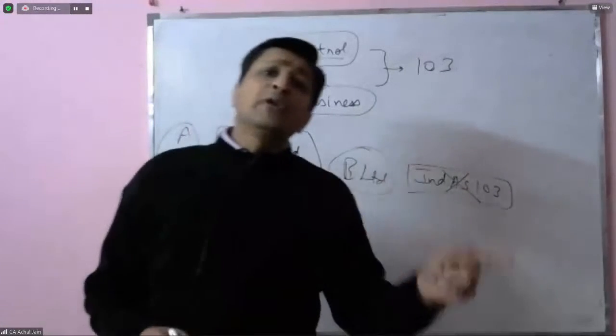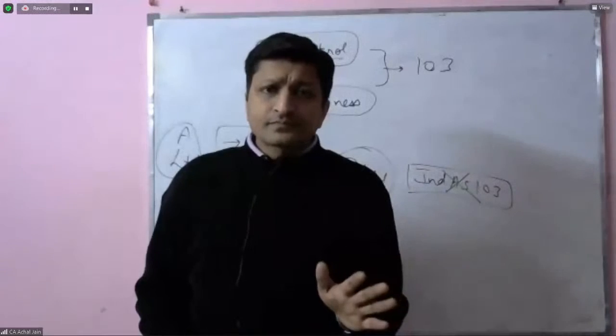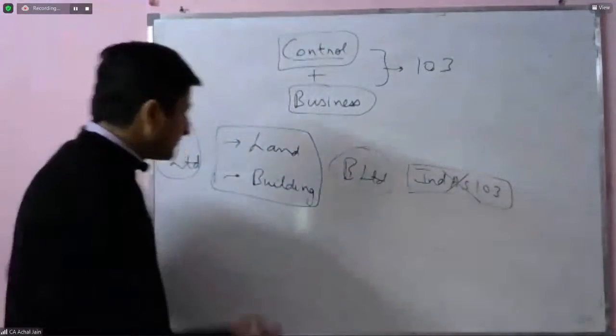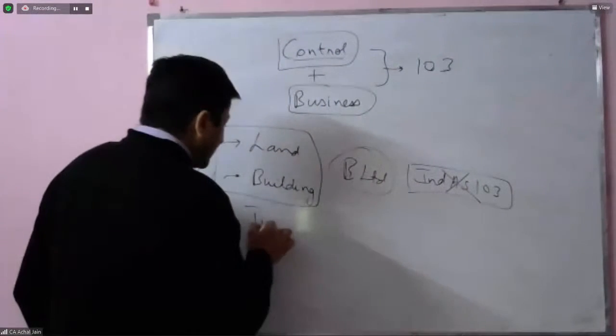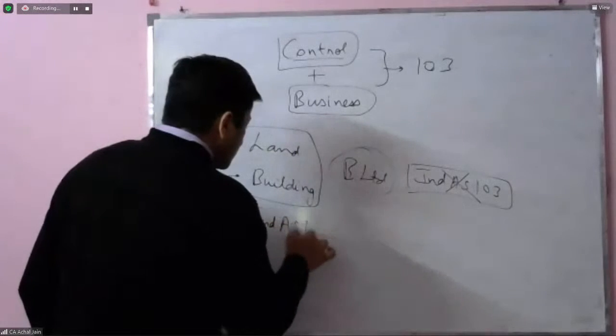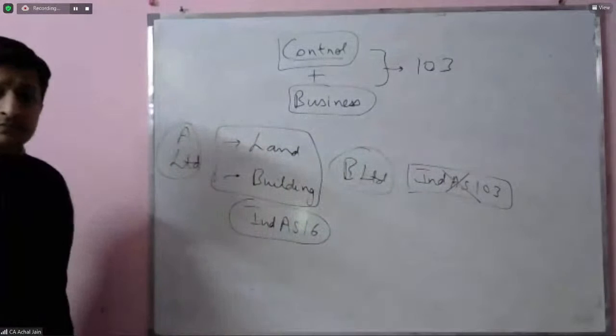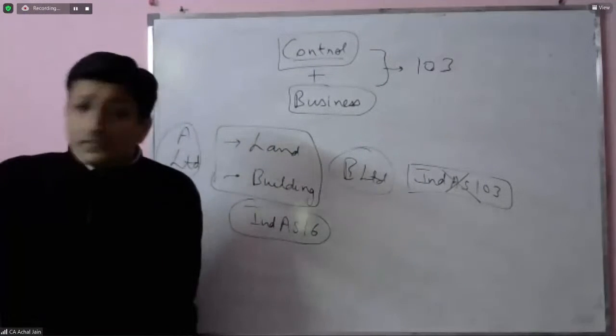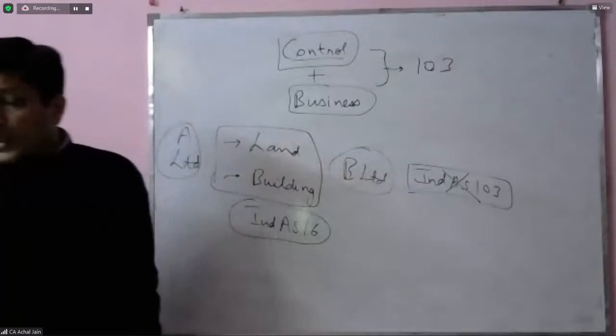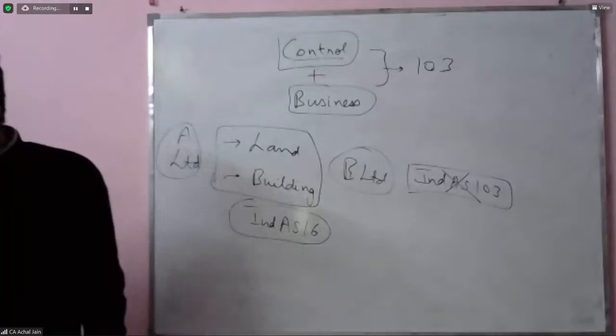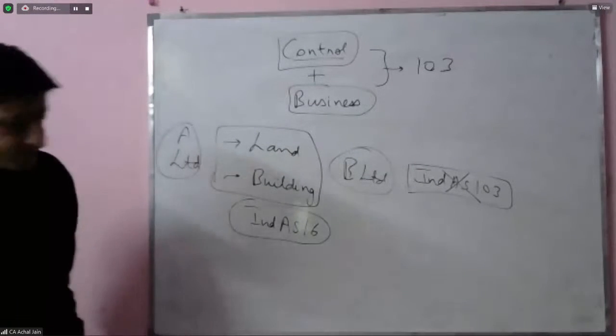Yes. And how will you do that accounting? Ind AS 16. You'll apply Ind AS 16. And I'm hoping that you would have covered Ind AS 16 by now. Yes or no?